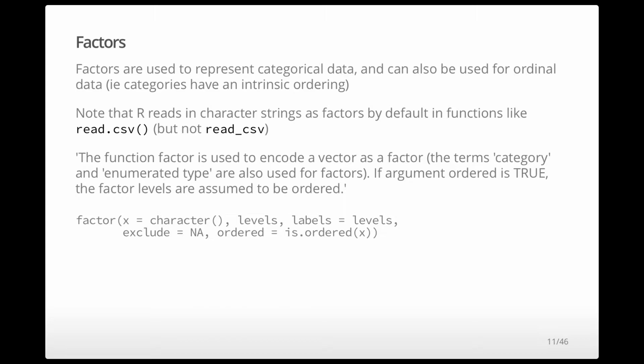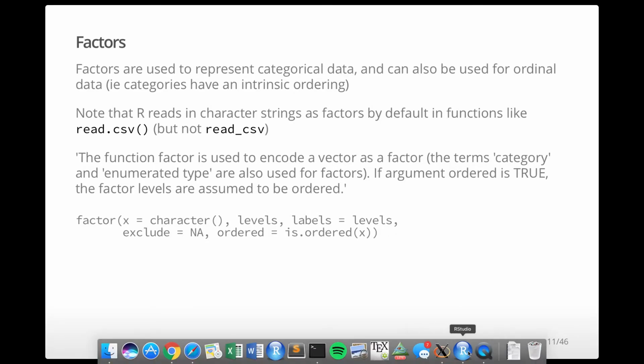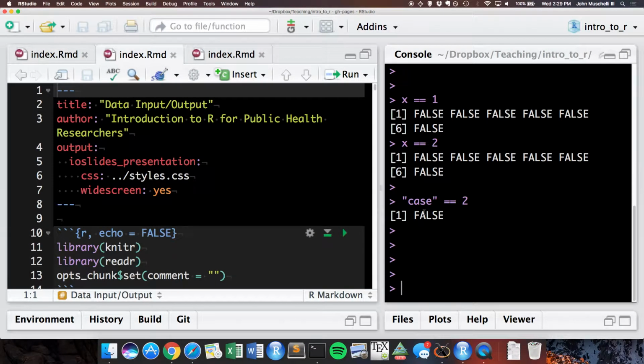Alternatively, if I had a character vector that said boy, girl, dog, cat, whatever, you would change those strings to missing. So let me show you what I mean. Let's say X is boy, girl, cat, dog.